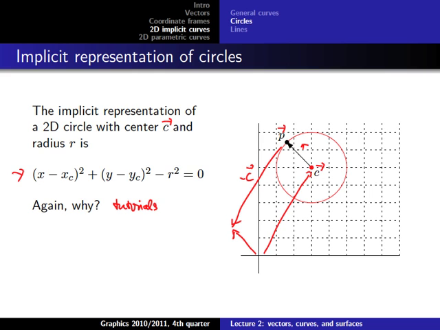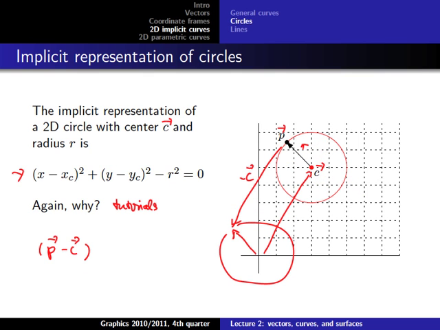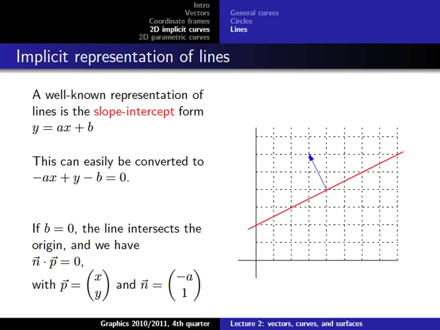So if you look at this, and if you do it with all the points here, you will see that P is on the circle around the center if P minus C is on the circle around the origin. And if you then do it like this, you have the exercise solved.